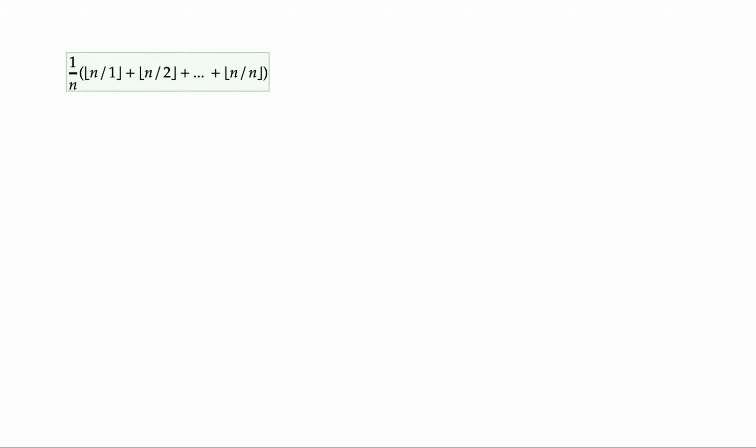So if it was prime, floor of P over 1, floor of P over 2, we know that, let's see, floor of n over 1, floor of n over 2, floor of n over n, definitely seems like there would be an explicit construction for something like this.